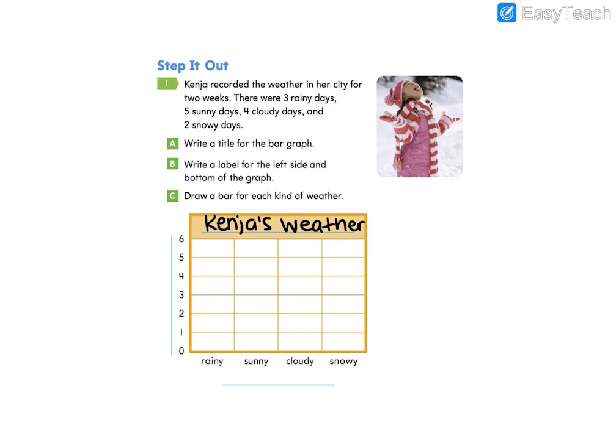Now let's label the left side and the bottom of the graph. What are these numbers talking about? This is the number of days. And the bottom is the types of weather.